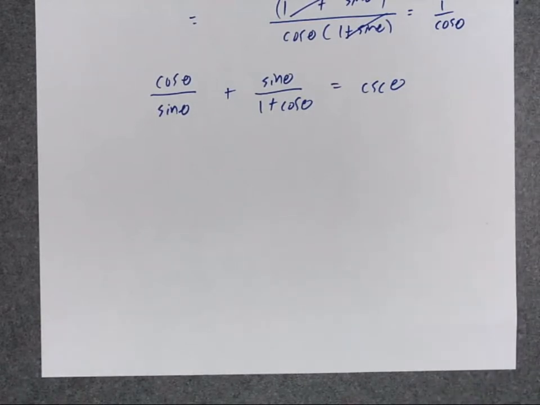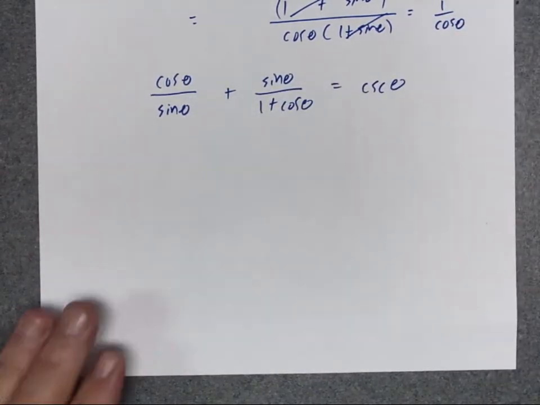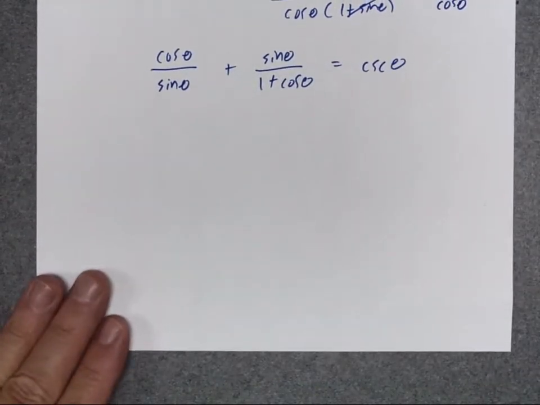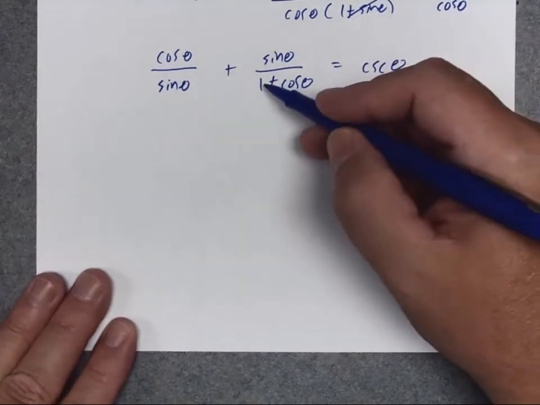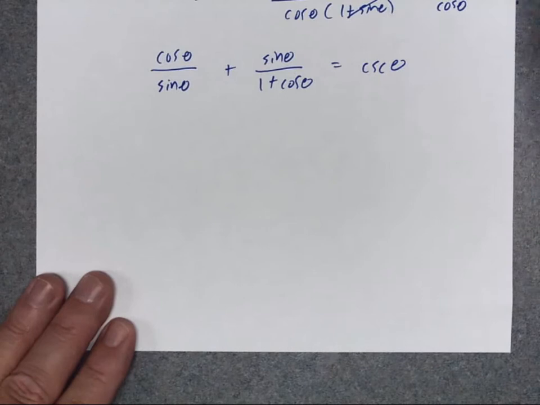What I'm going to do here, here's one trick you learn. I could probably add these together like I did the last time, but here's something else that sometimes works. When you have a denominator like this, a lot of times you can multiply top and bottom by the conjugate. Let me just do it.